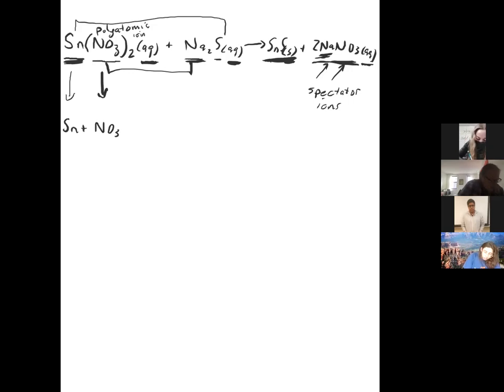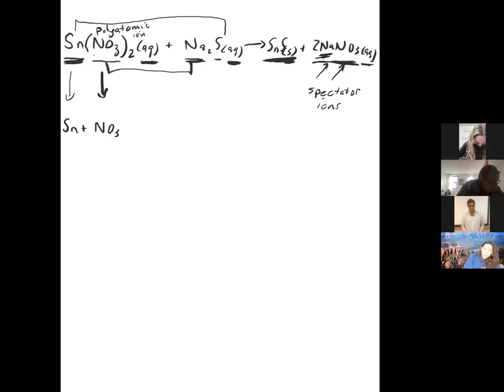If you have NO3 grouped together, nitrate, that's a polyatomic ion. So when you split everything up, don't split it into nitrogens and oxygens. The polyatomic ion is a stable ion that stays stuck together, okay? Just like phosphate or acetate or hydroxide, they don't break up.